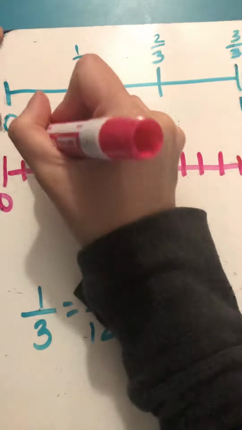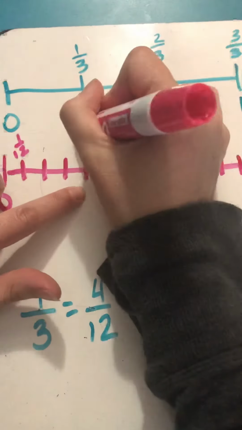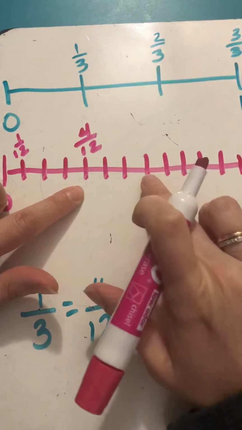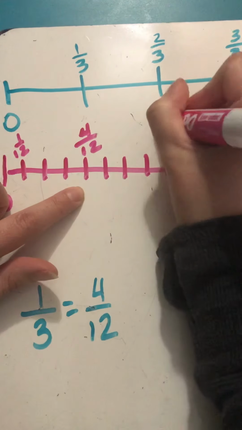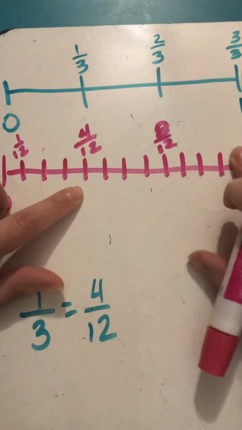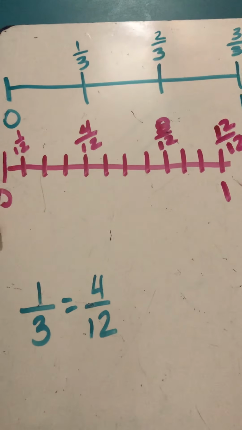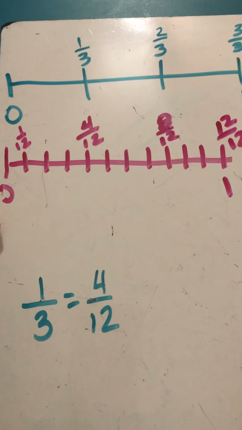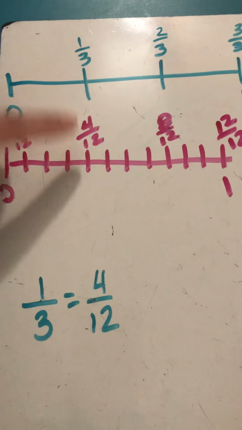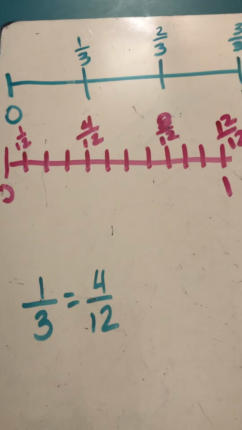Okay, so I'm not going to label each one, but here's 1/12, 2/12, 3/12, 4/12, 5/12, 6/12, 7/12, 8/12, 9/12, 11/12, and then 12/12, which equals our 1. All right, so let's look at that. Just by looking at this picture, is 1/3 the same as 4/12? Well, it sure looks like that, even with Mrs. Kaiser's crazy drawings here. It sure looks like they're equal.